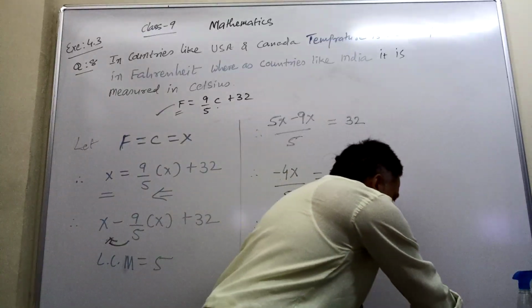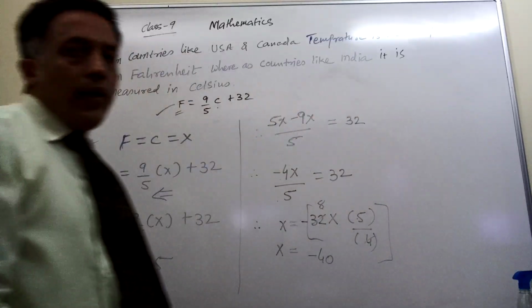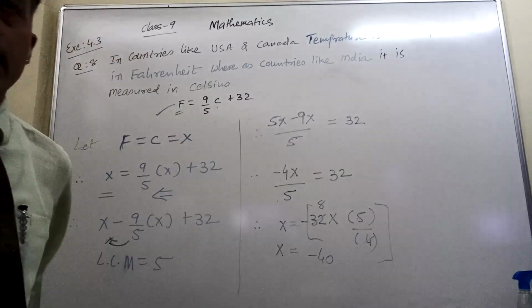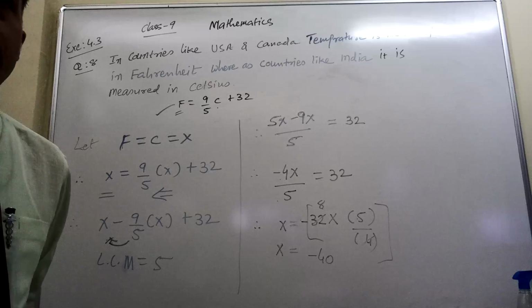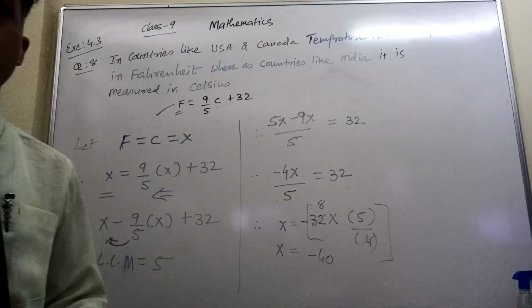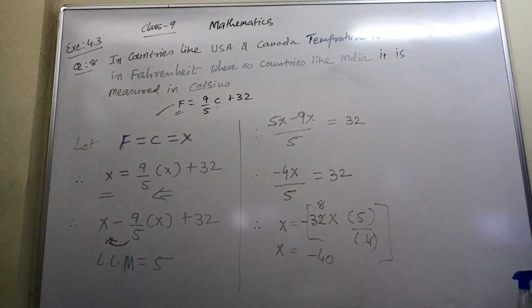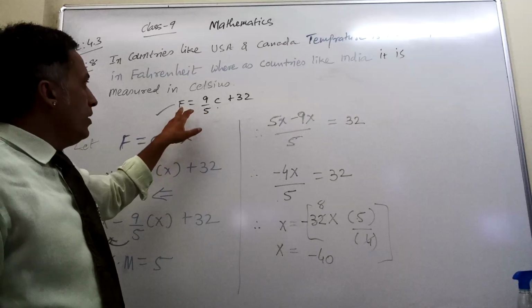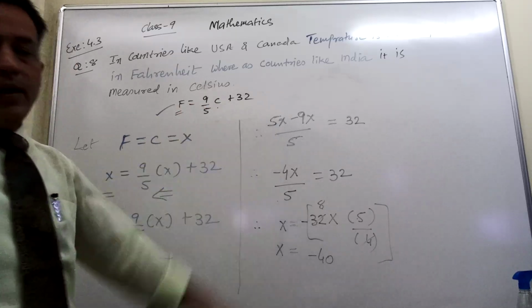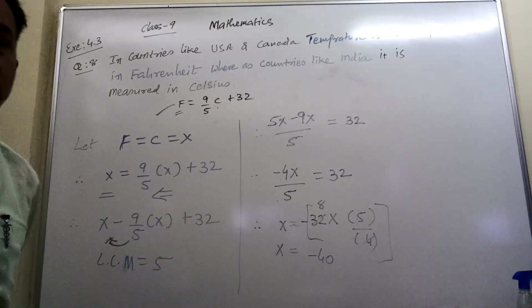So here we can say that when Celsius and Fahrenheit become minus 40, that is an equivalent value for both. Here you can see that there is a difference of 9 upon 5 into C and 32 between Fahrenheit and Celsius.